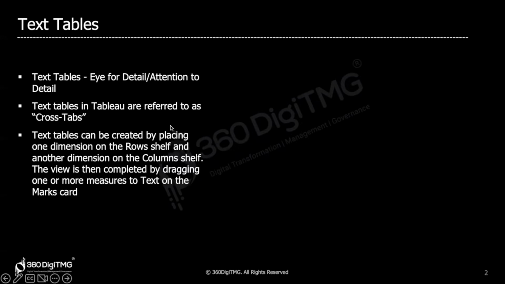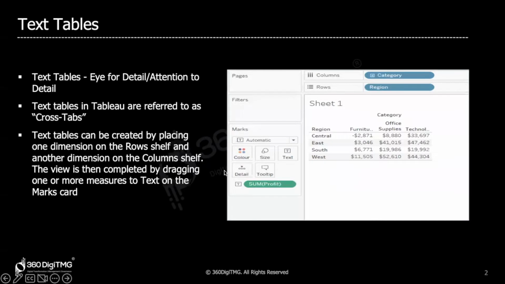Let's say you go to a mall and purchase something, then the receipt or the bill that you receive. So wherever money is involved, or wherever attention to detail is important, where the actual value is more important for our analysis rather than a quick comparison, that is where text tables come in handy.